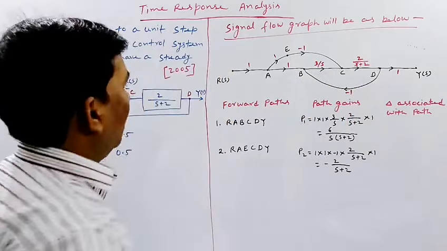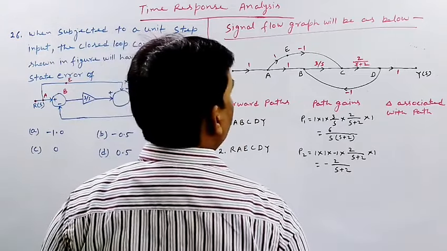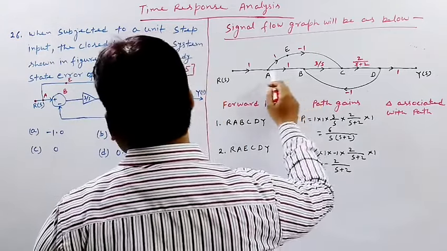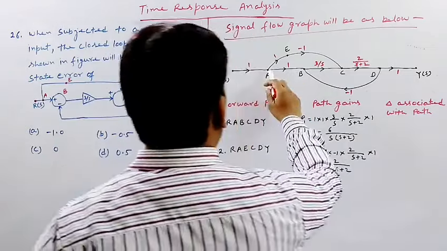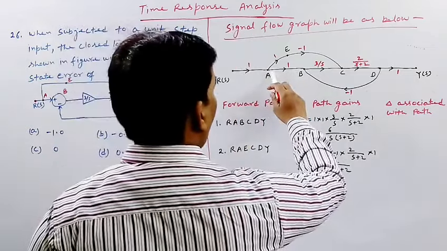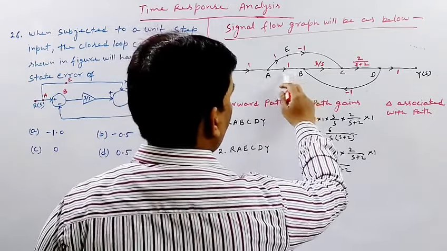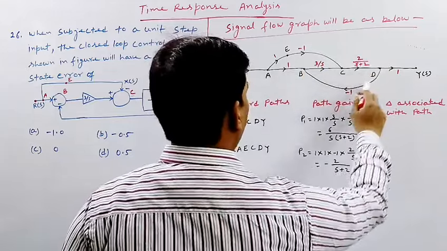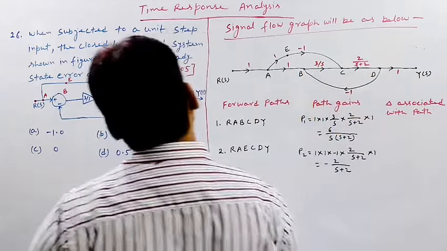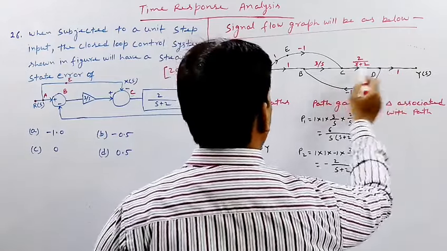So there is only one loop, because this is in the forward path, not in the backward, so we cannot start here, we cannot start here also, because here there is no returning path. So there is only one loop, and that loop is D, B, C, D.